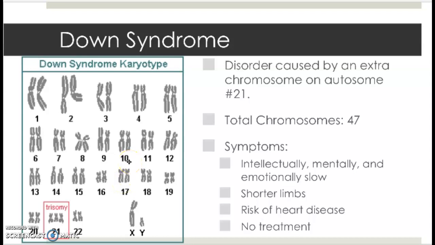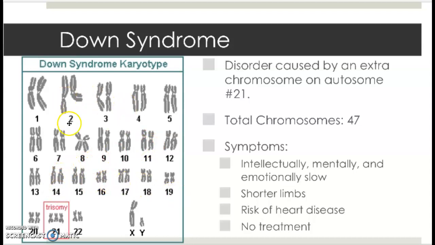However, using a karyotype, we could also figure out if an individual is going to have an abnormality. And usually there's an abnormality if there's an extra chromosome somewhere or there's a missing chromosome somewhere. So here, if we look at the chromosomes, they all look pretty normal.